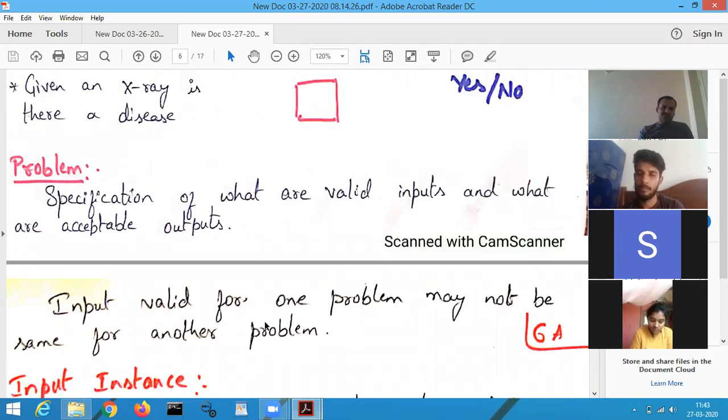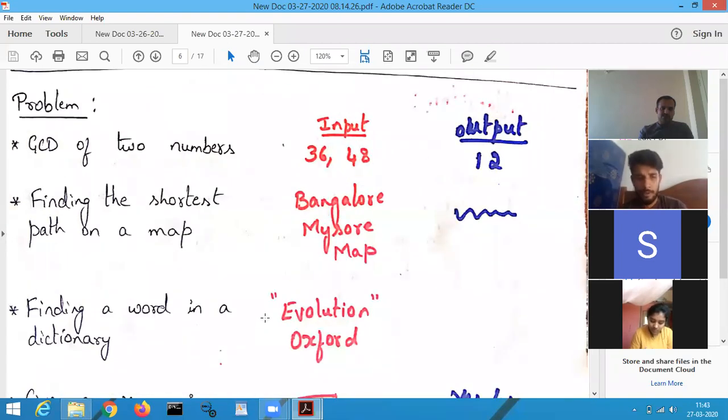Whenever I say input instance, your algorithm should behave properly not only for smaller input, you should work properly even for larger input.